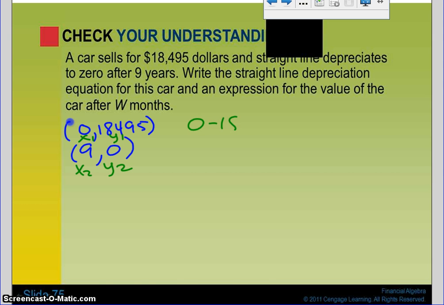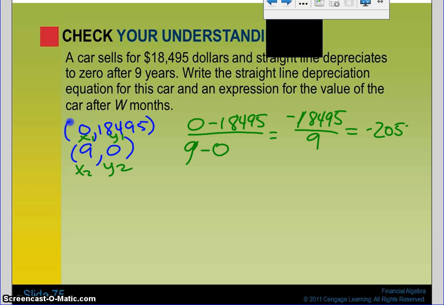We've got 0 minus 18,495, divided by 9 minus 0, which gives me negative 18,495 all divided by 9, which gives me a slope of negative 2,055. My equation will then be y equals negative 2,055x plus the 18,495.